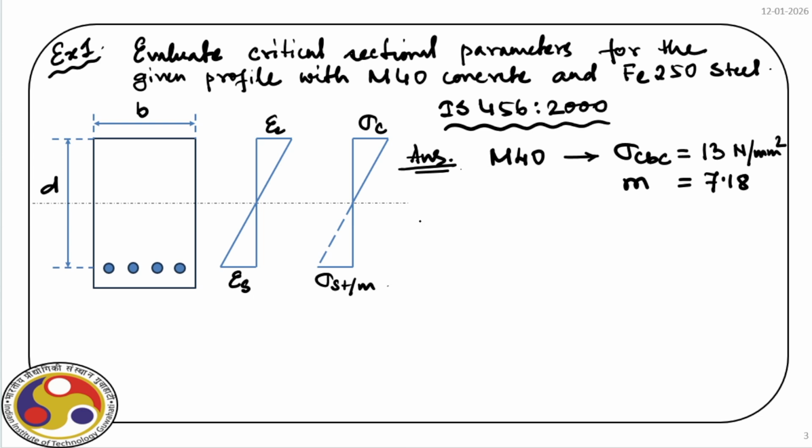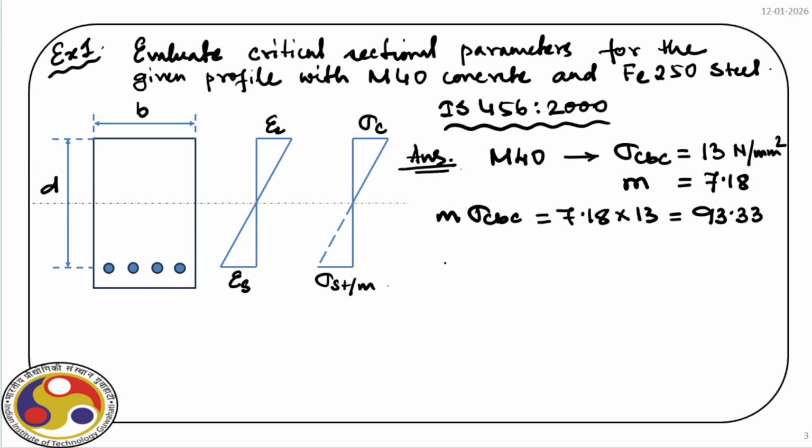So based on these two values, we can find out what is m sigma CBC, which is equal to 7.18 times 13. So that is equal to 93.33. Recall, this is the value we used when we derived the expression for K in the last class, right?